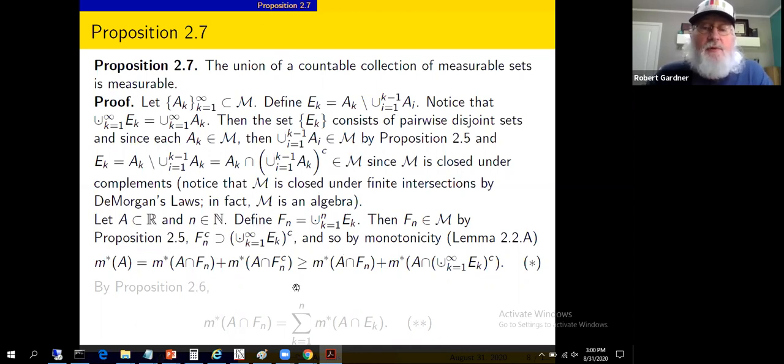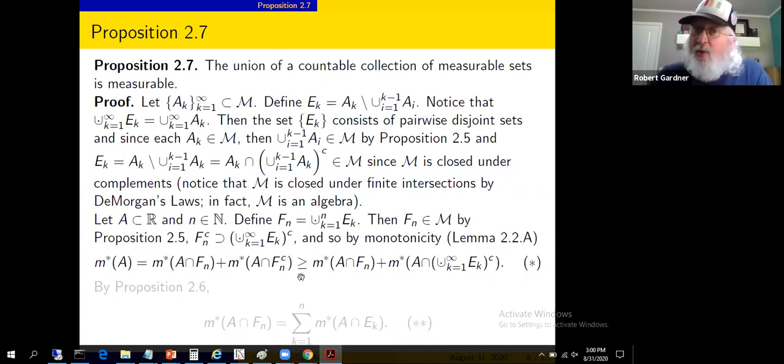And we will down below. So if we take the outer measure of set A, that's the outer measure of A intersect F sub N plus the outer measure of A intersect F sub N complement, because F sub N is measurable. F sub N is measurable, as observed up here. Here comes the monotonicity part. We're going to take this F sub N complement right here and do some replacing. We're going to get a smaller set on the right-hand side.